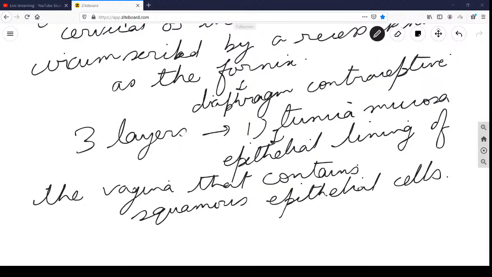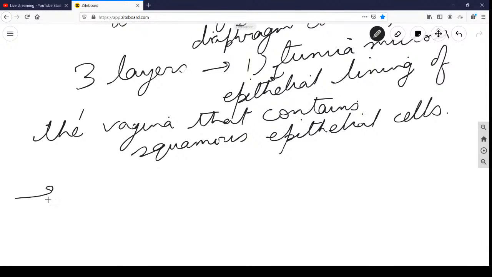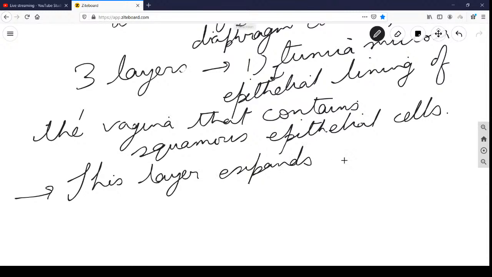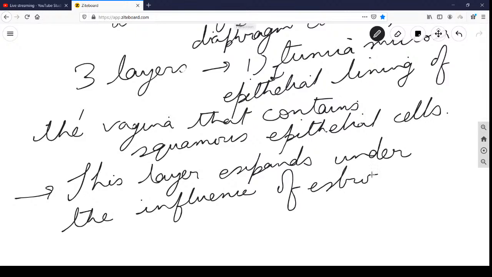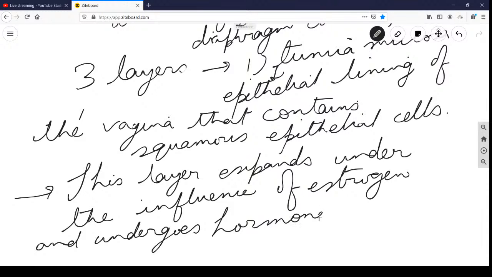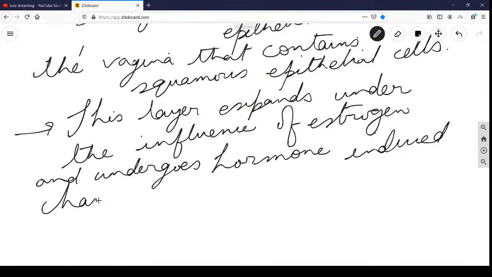So this layer expands under the influence of estrogen and undergoes hormone induced changes in thickness and glycogen content during the menstrual cycle.